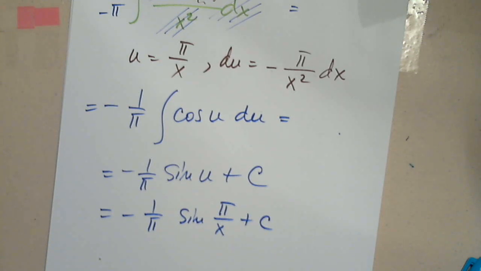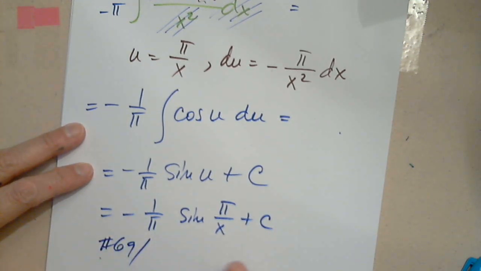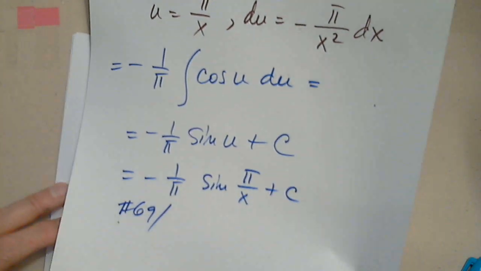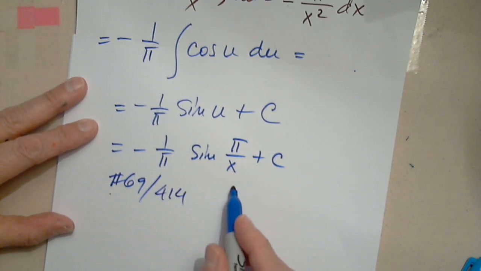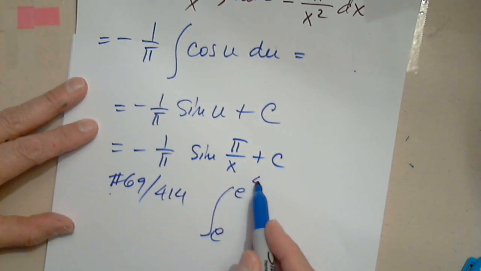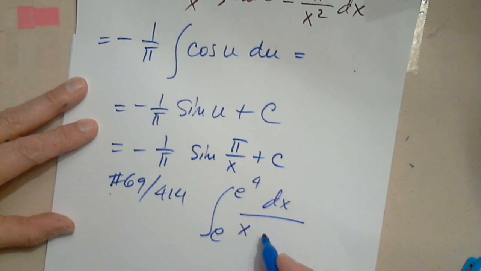Okay, so let's choose another definite integral. Let's say 69 on the same page, 414. The integral from e to the fourth of dx over x times the square root of natural log x.